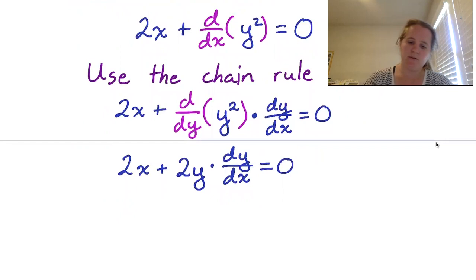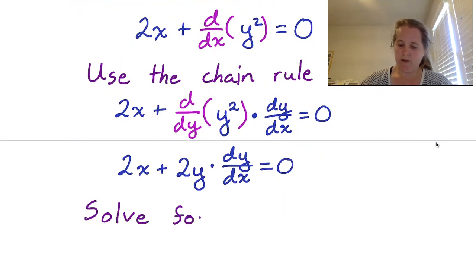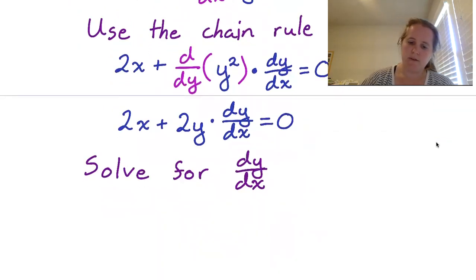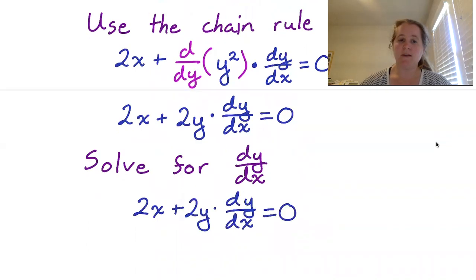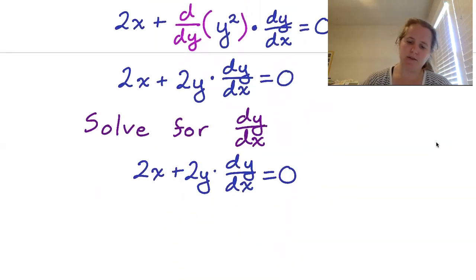And now what we'll do is we will solve for dy dx. So we just use a little algebra. So I'm going to rewrite 2x plus 2y times dy dx equals 0. Using algebra, we would subtract that 2x from both sides.